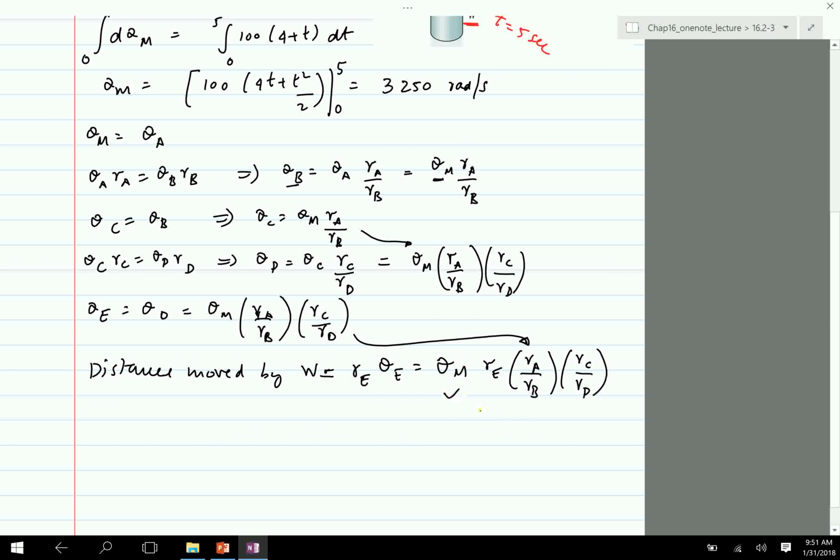Theta m is known. It's 3250, I just computed it. Re, Ra, Rb, Rc, Rd are all known because they're given in the figure. I can plug in the values to find the distance moved, and I get 2.89 meters.